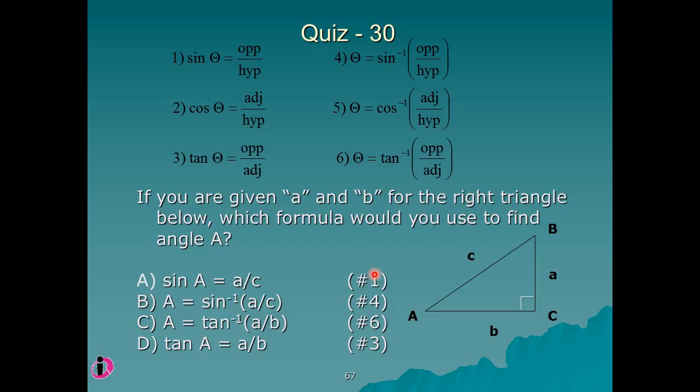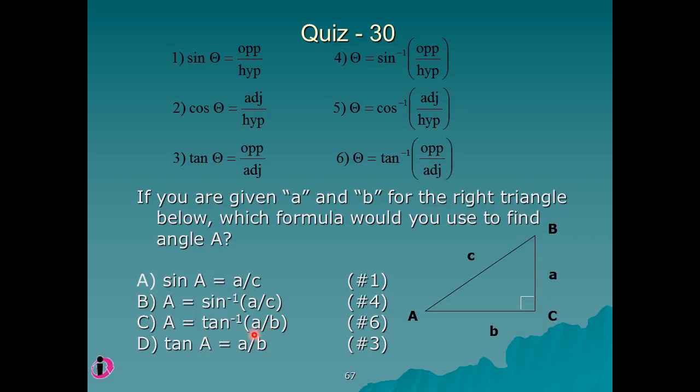So let's try another one like this. Let's say you are given small a and small b. Again, you are looking for capital A. So again, you select between these two, and this time I think option C is the better option, right? Because you know small a and small b, and those two you need to apply here.